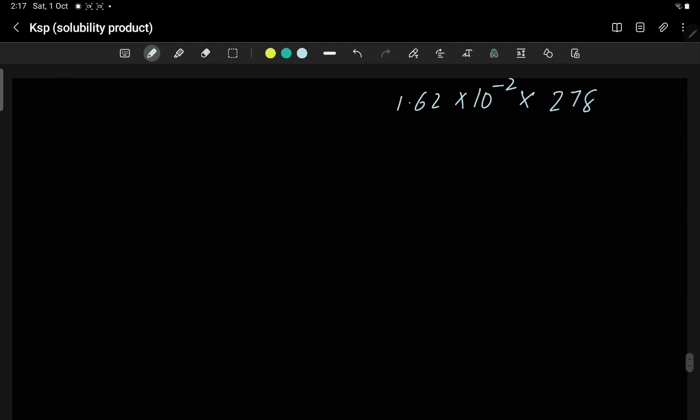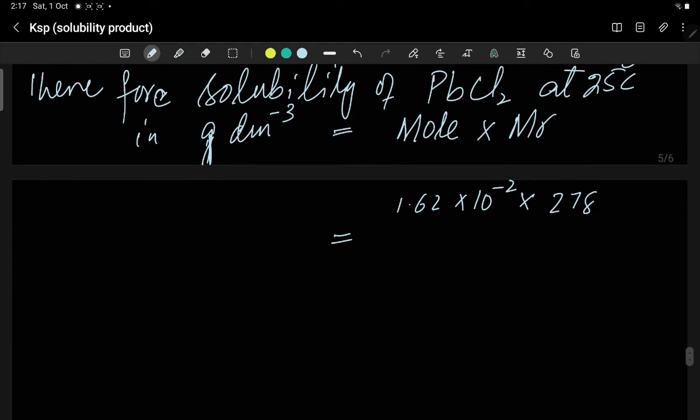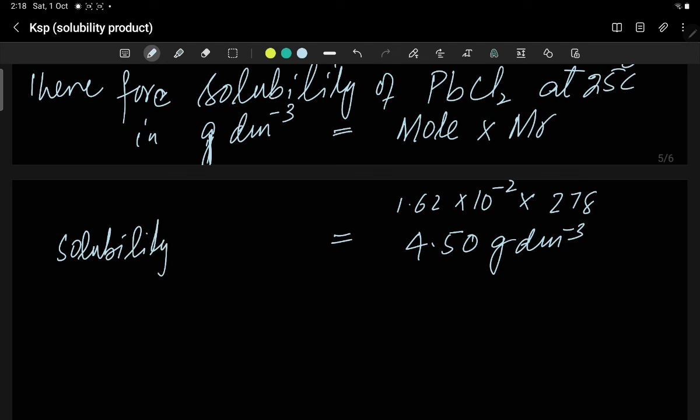So now the solubility is in gram per decimeter cube, 4.50 gram dm inverse cube. This is the solubility of PbCl2 in gram per decimeter cube.